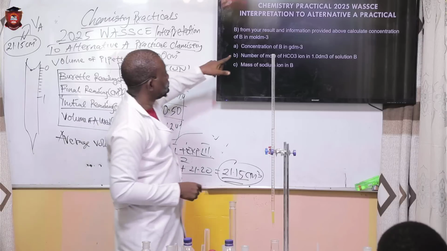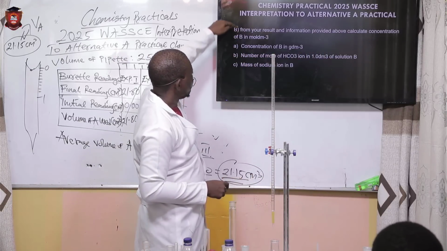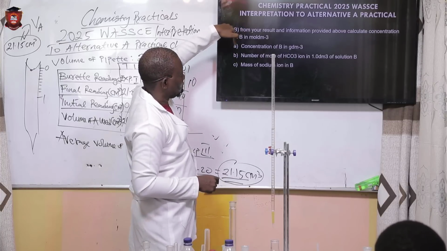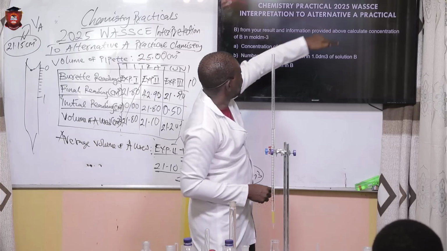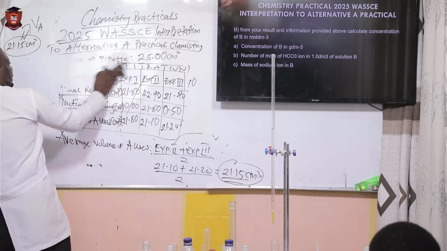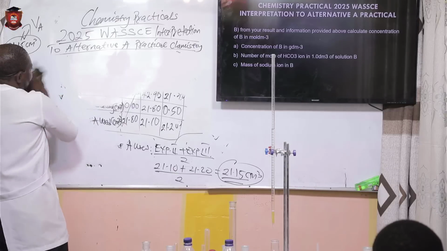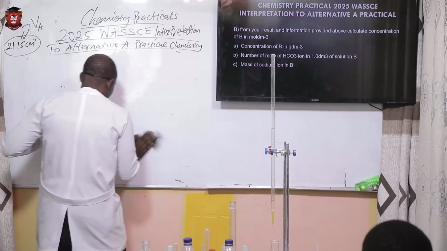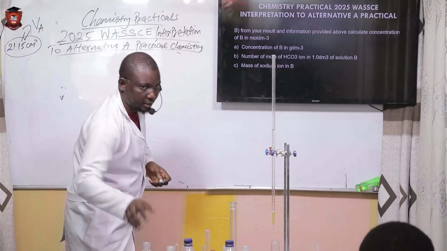So this question should be the first question: calculate concentration of B. This one should be A, this one B, this one C, this one D. So let's correct it. In this video we're going to show you step by step how you will calculate these parts of this titration question without hitches in the exam hall.